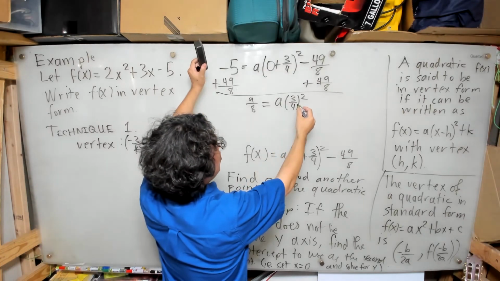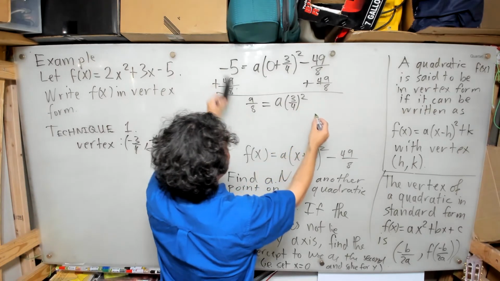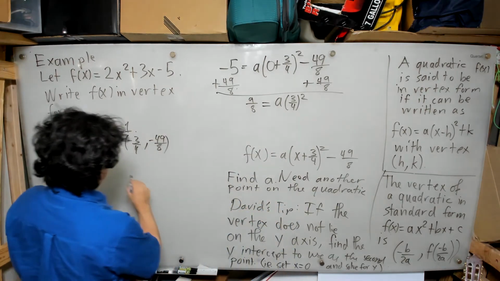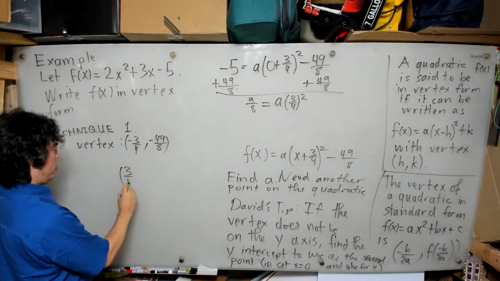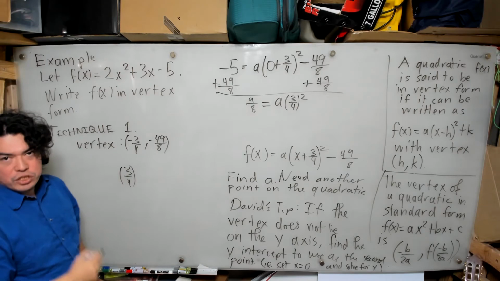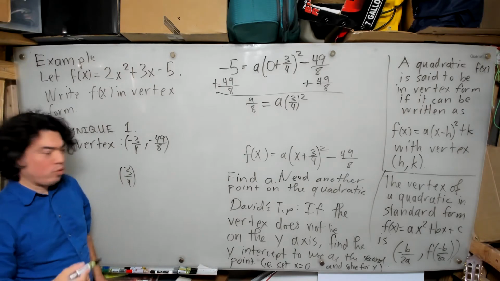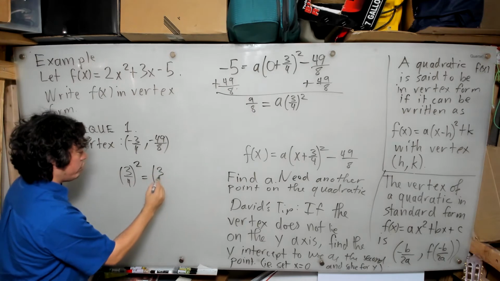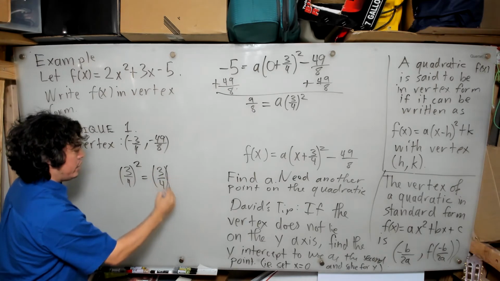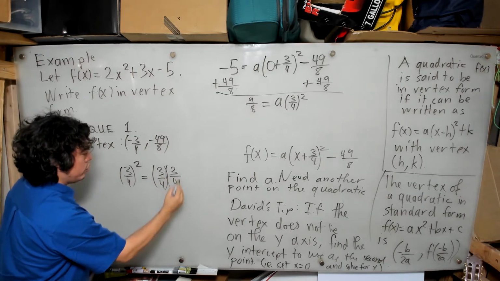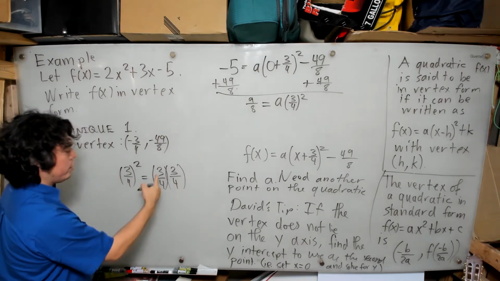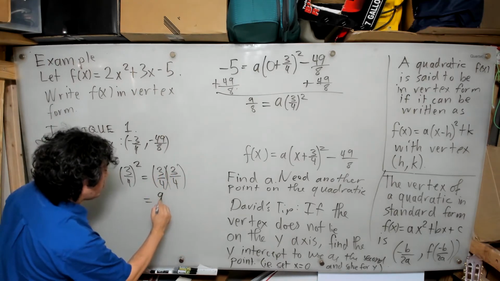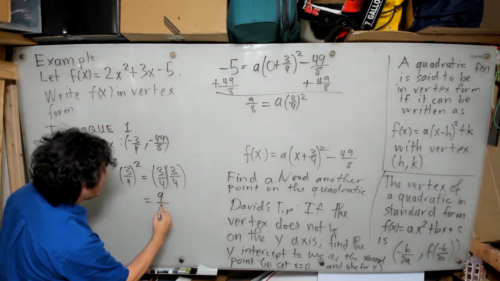Now, we know what 3 over 4 squared is. Squaring means we multiply a number by itself, so 3/4 times 3/4 gives us 3 times 3 is 9 over 4 times 4 is 16.